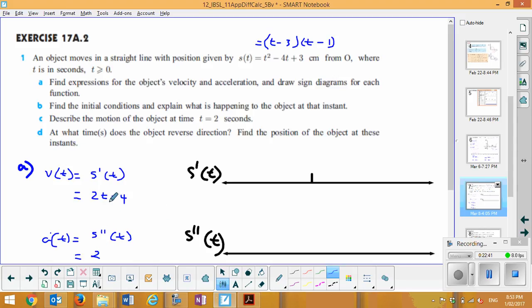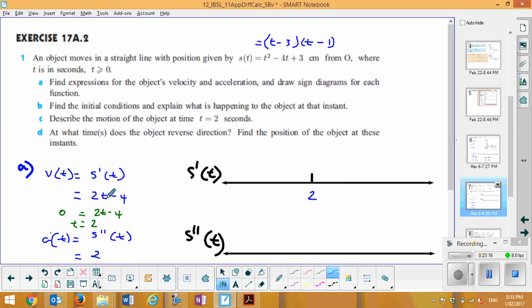All right, if we want to do the sign diagram, that's a linear equation, 2t minus 4, and the x-intercept is going to be where this is equal to 0. So where do we have 0 velocity for our sign diagram? It comes out with t equal to 2. So this point here must be at 2.